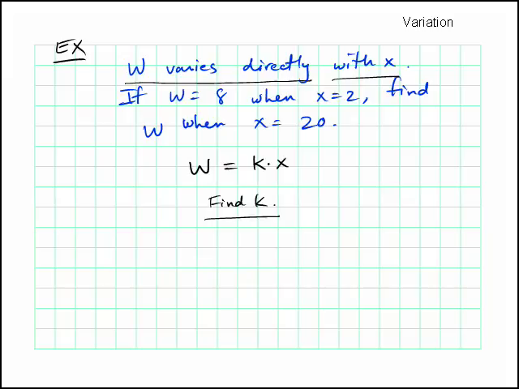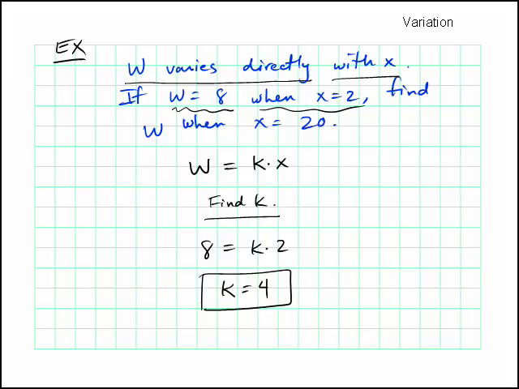And in order to do that, I plug in the extra information they always give you. And here it is right here. When W is 8, X is 2. Plug in the 8 for the W, plug in the 2 for the X, and if I divide, that tells me that K equals 4. I found the variation constant, it's 4. And so this equation is actually W equals 4X. That's our direct variation equation. Our variation constant is 4 here.